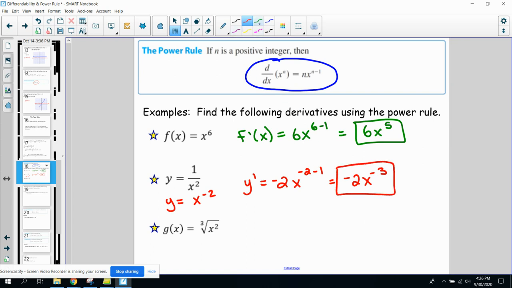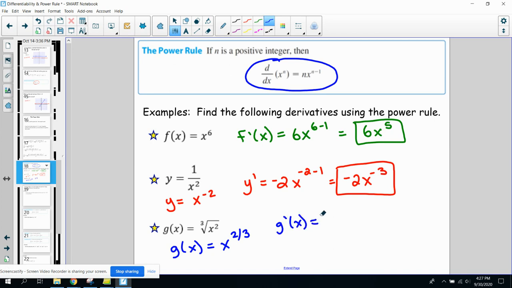Okay, and let's look at this one here. Again, not set up great for the power rule, but if you remember your rational exponents, we can rewrite it. So a radical like this can be rewritten as x to the 2/3. So now that we have it written as x to a power, we can find the derivative using the power rule.